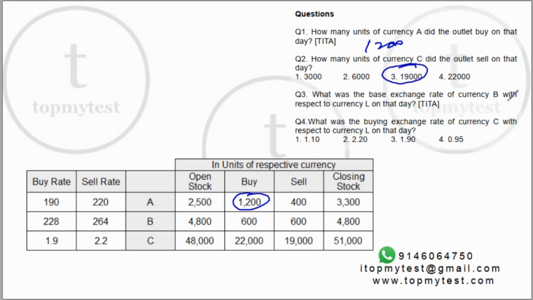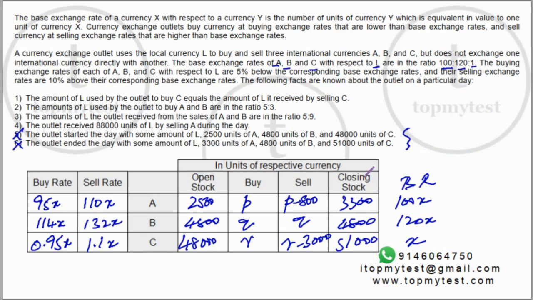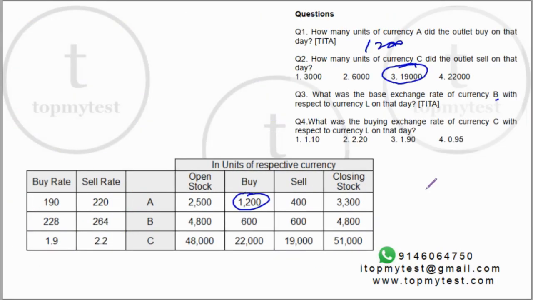Right. What is the base exchange rate of B with respect to L? Base rate is what we need to find, not this rate. Base rate was, original was 120x. 120 into 2 will be 240. So your answer will be 240. Just need to be careful. What is the buying exchange rate of C with respect to L?